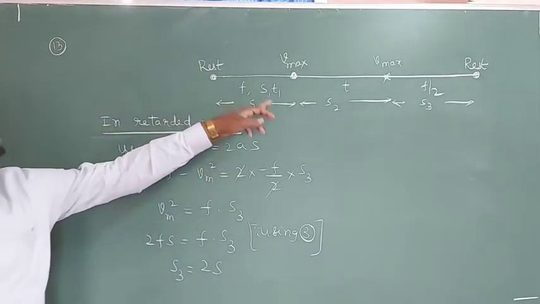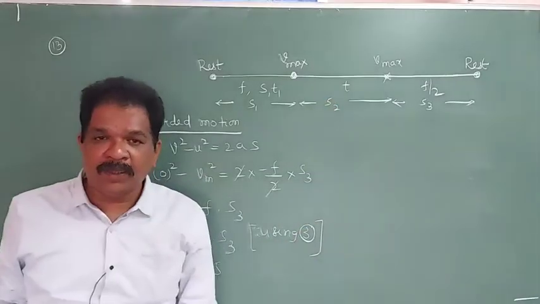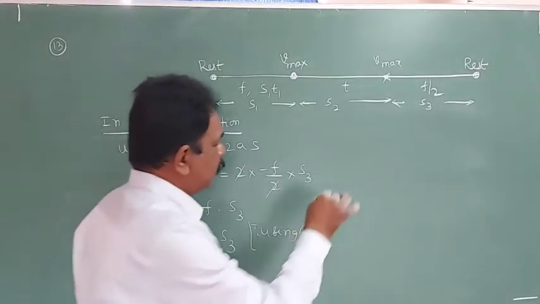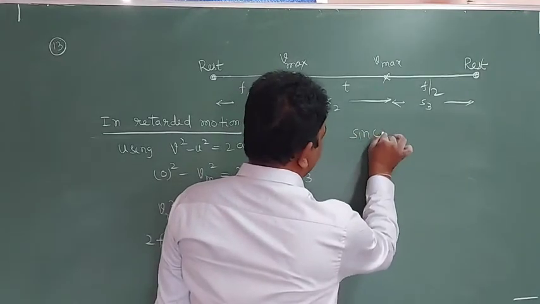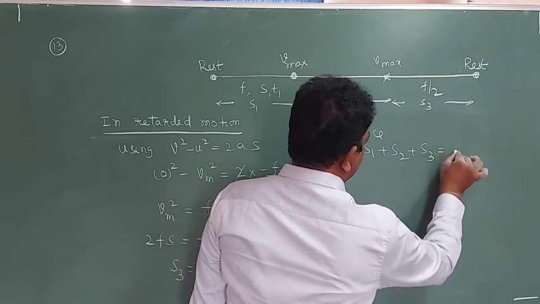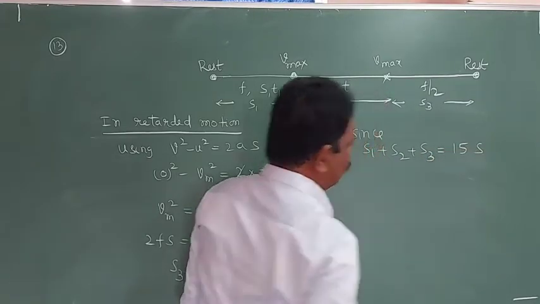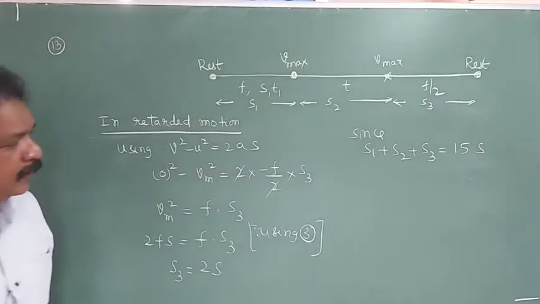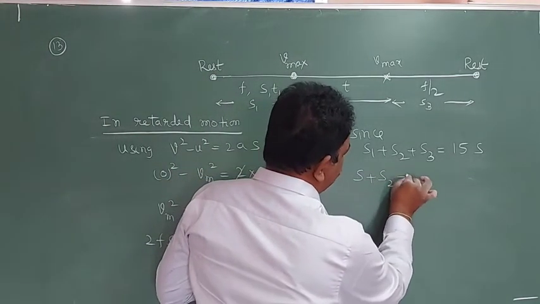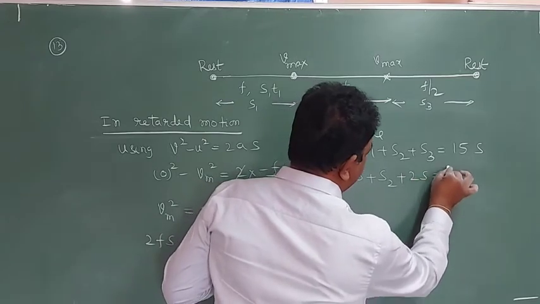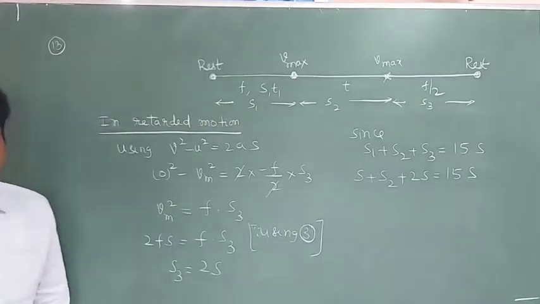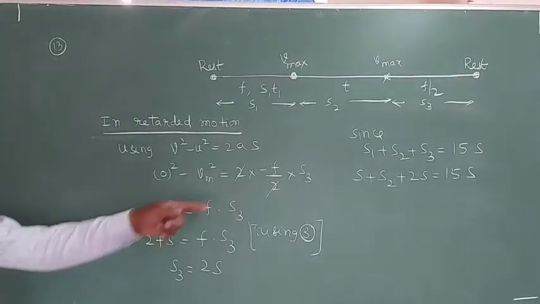So what will the s2 value be? Since s1 plus s2 plus s3 is equal to 15s, s1 is s, they gave. S2 we don't know. S3 we just calculated, 2s.